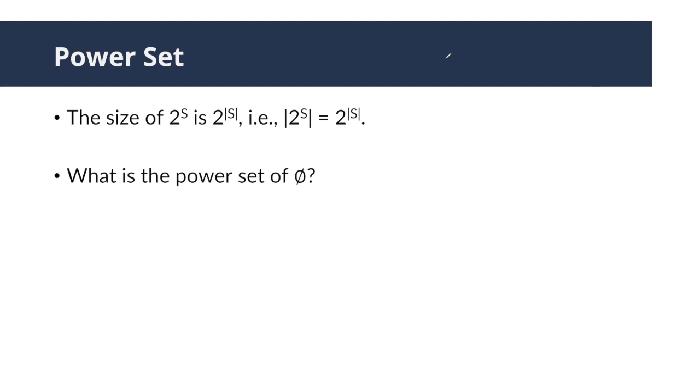And we know that there is one subset of the empty set, which is the empty set. Therefore, the power set of the empty set is not empty. It has one element, the empty set. And therefore, the size of the power set of the empty set is 2 to the 0th power, which is equal to 1.